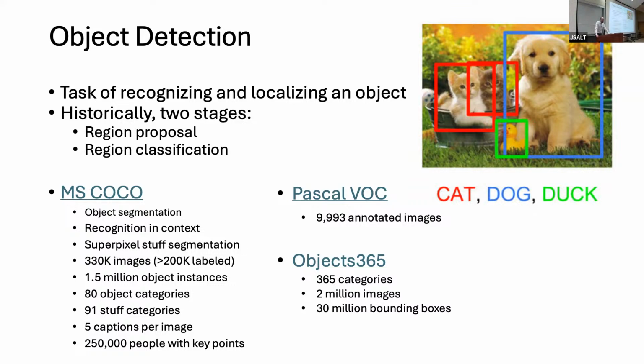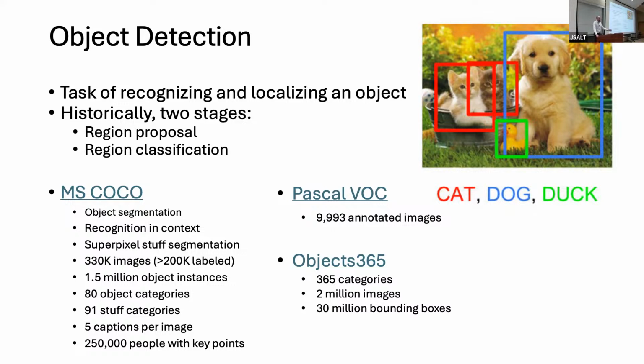And then we have 91 stuff categories. Objects, or things as they are sometimes called, are instances for which it is reasonable to have a bounding box, like this cat, dog, duck, car, or motorbike. And then you may wonder what stuff is. Stuff is what cannot sensibly have a bounding box. You could put a bounding box around everything, but it does not tell you much.